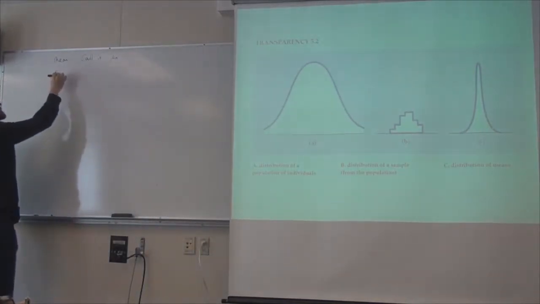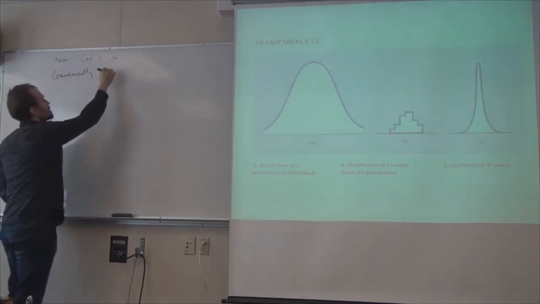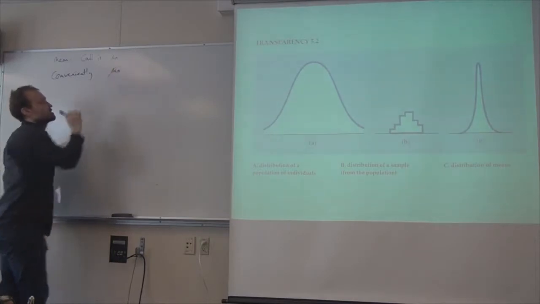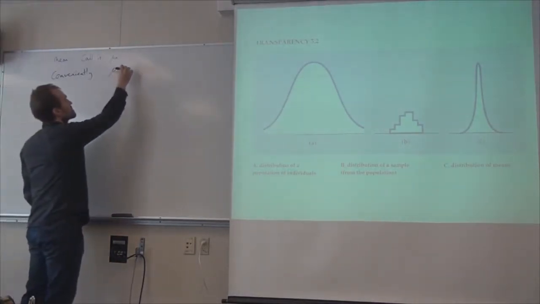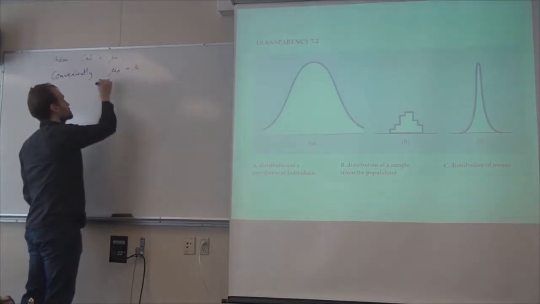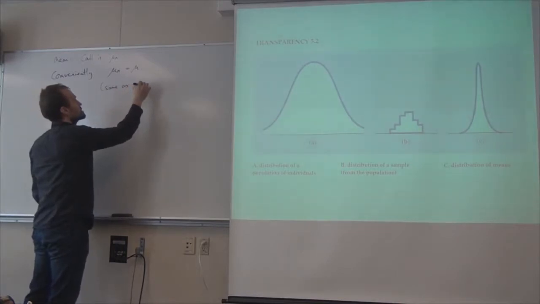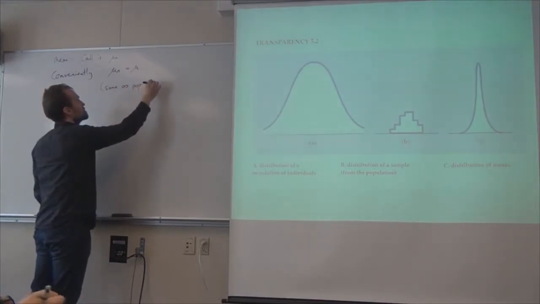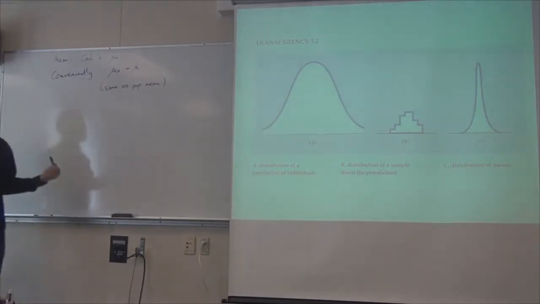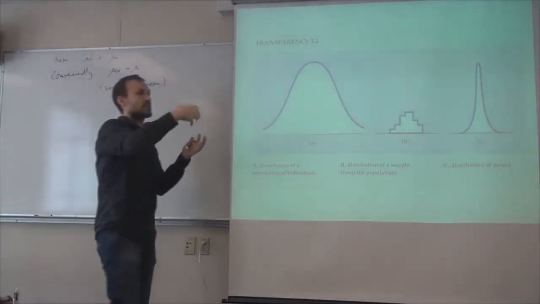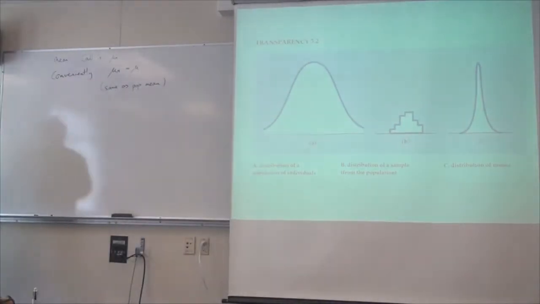So conveniently, the mean of the distribution of all sample averages is the same as the population mean. It's the same because of how I calculate an average. I just add them up and divide by how many there are. If I do that in groups and then average out the groups, it's still the same. So that's nice and convenient.